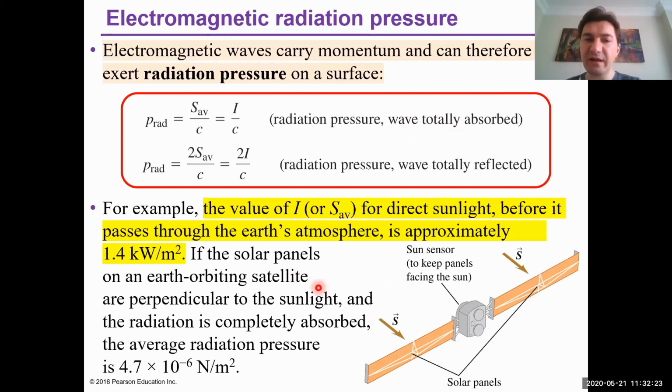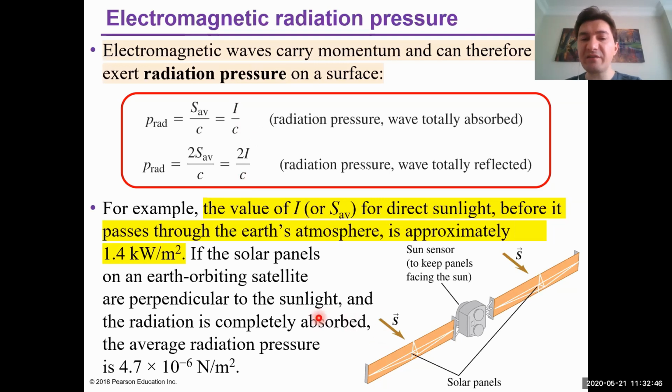Let's consider that this is the Poynting vector for the electromagnetic wave or light coming from the sun to the panels of the satellite, for example. So if this light is totally absorbed by the panel, this radiation pressure is given by intensity over C.